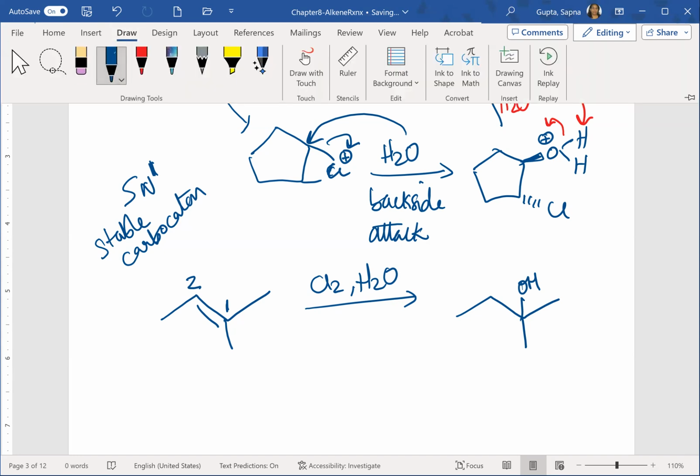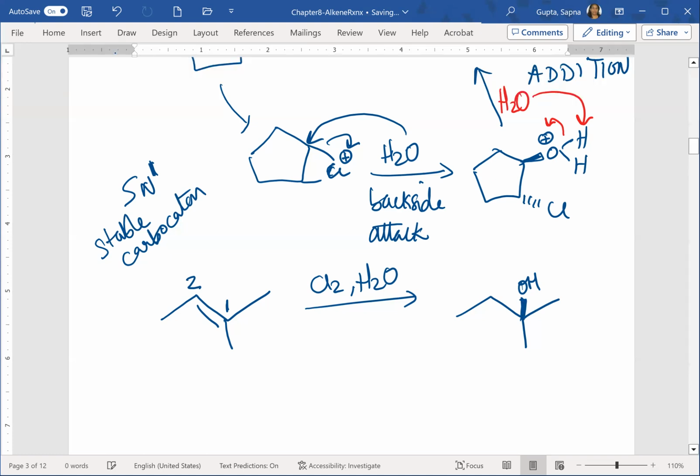And this is not a chiral center by any means. Okay, it's not, because you got the 2 methyl groups there, and this one is the chiral center, but the other one is not. The other way to look at this is it's also the Markovnikov addition.